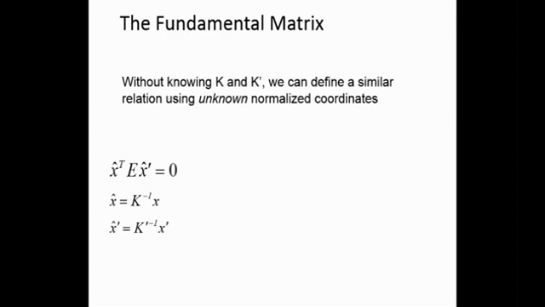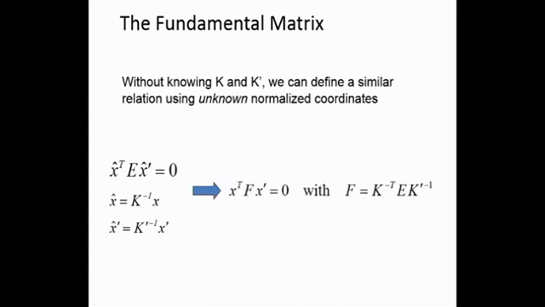If I don't know K and K prime, the intrinsic matrices, then I have a very similar relationship, but I've just got what's called the fundamental matrix, which has more parameters. So I just have x equals K x hat and x prime equals K prime x hat prime.